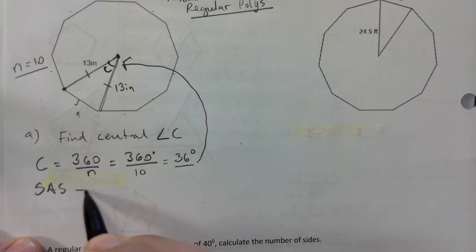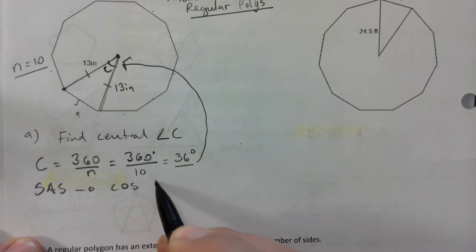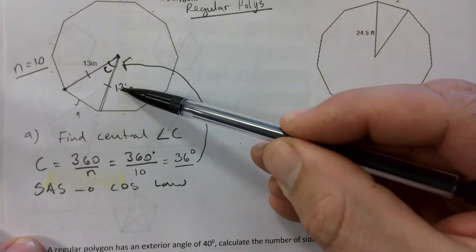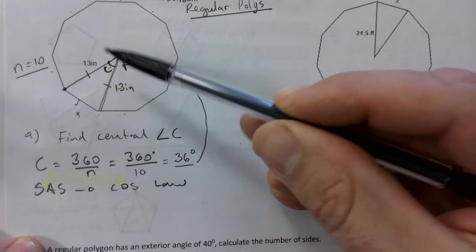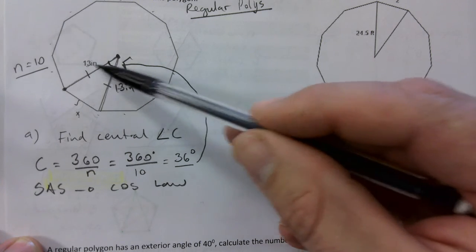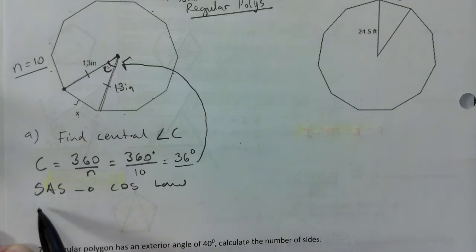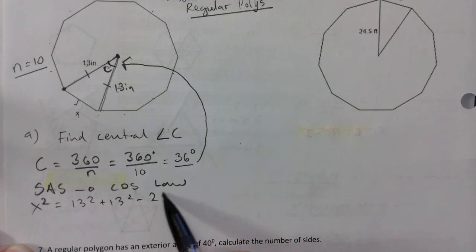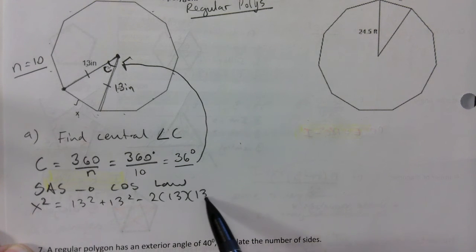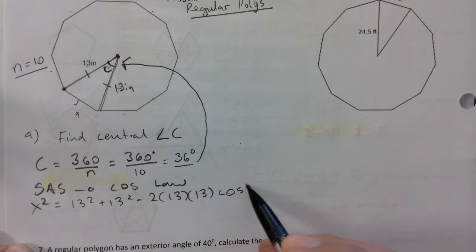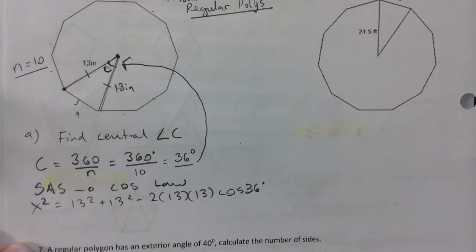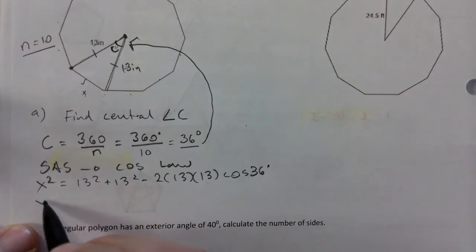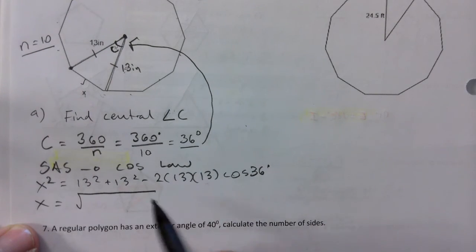So you have an SAS, cosine law, because you have side, angle, side, right? So to find x, we square it and we go 13 squared plus 13 squared minus 2 times 13 times 13 times cosine of 36. x is square root of.